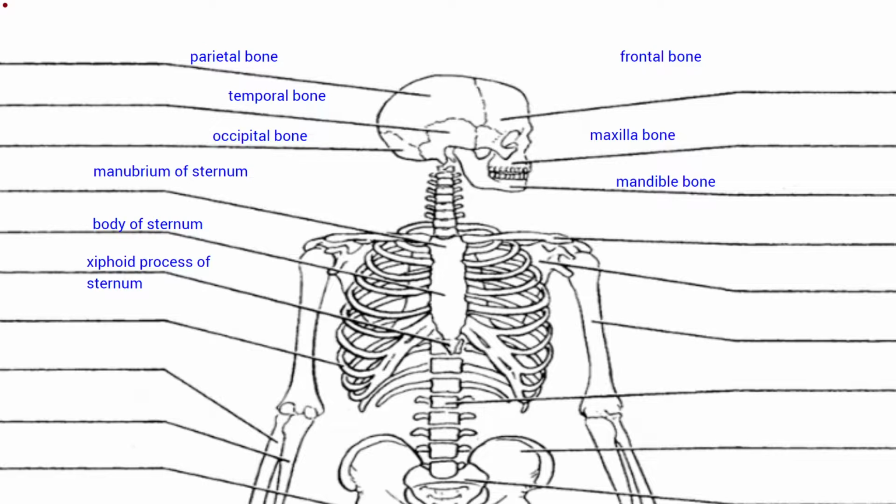Okay. Let's go on this side here. This is the clavicle. This is the scapula. And the clavicle and the scapula together create what's referred to as the pectoral girdle.